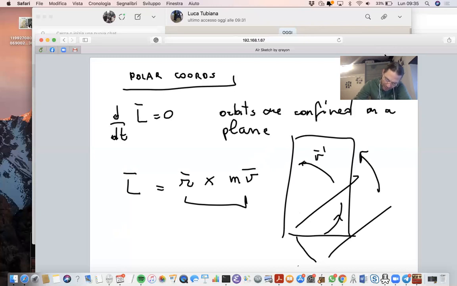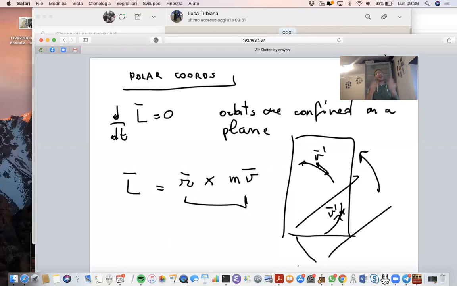This is my v prime, this is my v instantaneously. If the plane that contains these little pieces of trajectory is evolving with time, then clearly so does the angular momentum of the particle. But since the angular momentum is not changing, not only in modulus but also as a vector, in particular it is not changing direction.